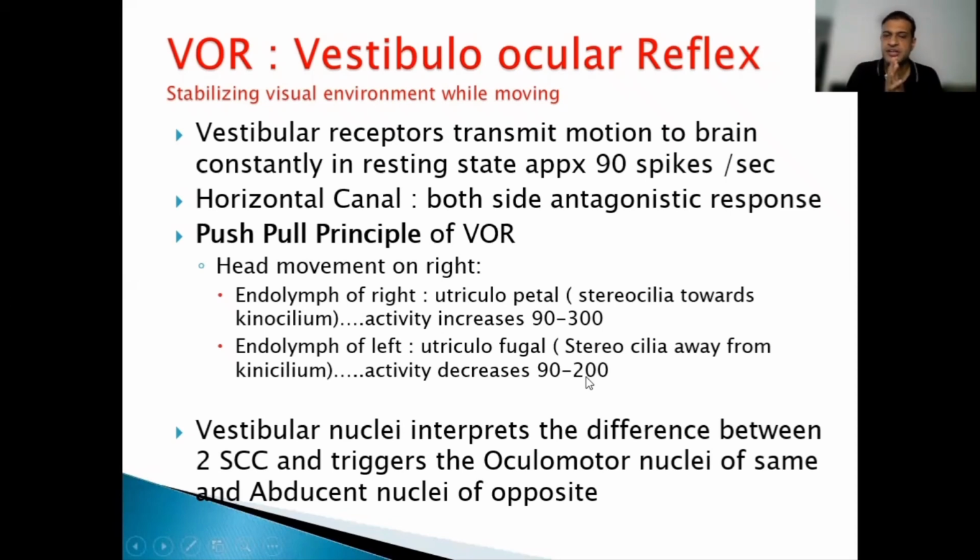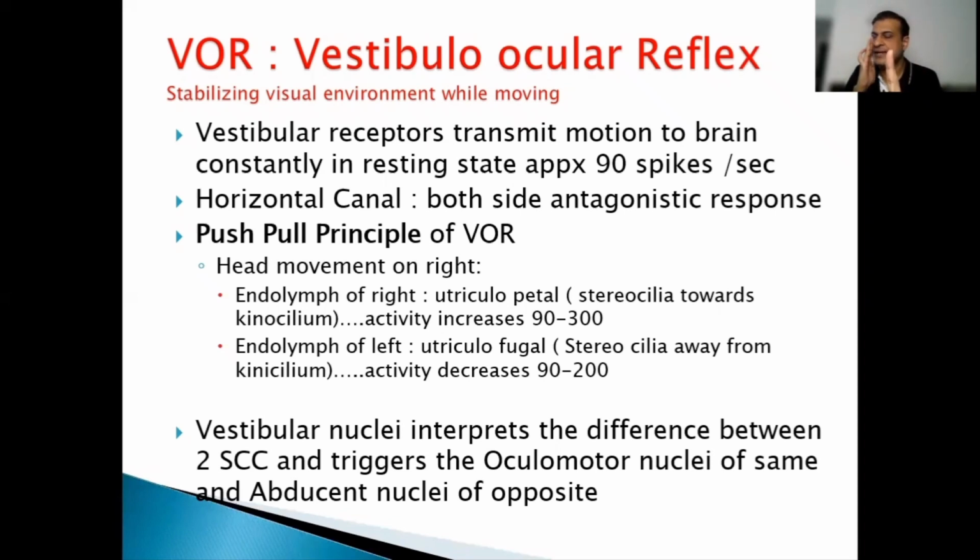So now the vestibular nucleus interprets the difference between the spikes of the two semicircular canals, and from the nucleus the sensation goes to the oculomotor and the abducent nucleus. Because let us understand, see my face, when my head is moving to the right side, my eyes will stay focused on a center object.